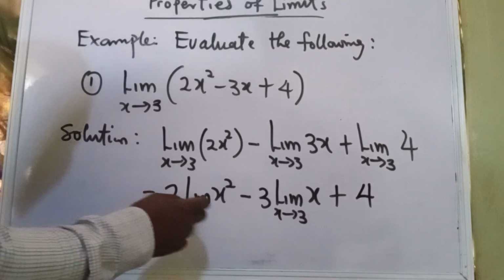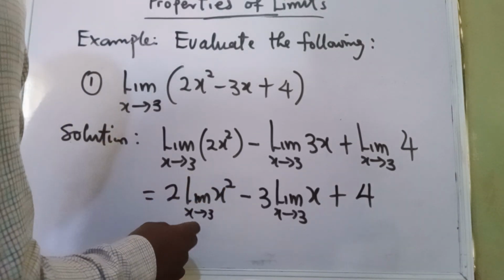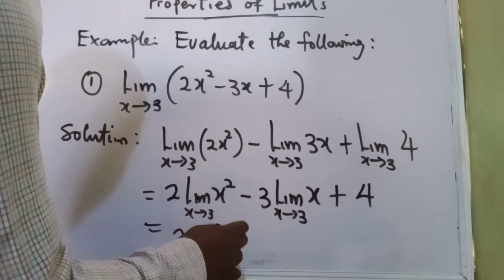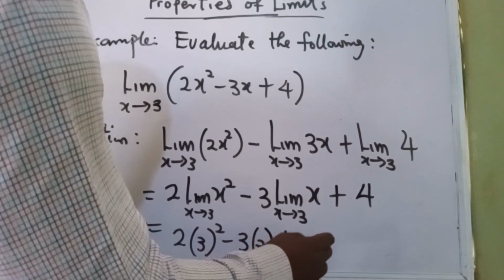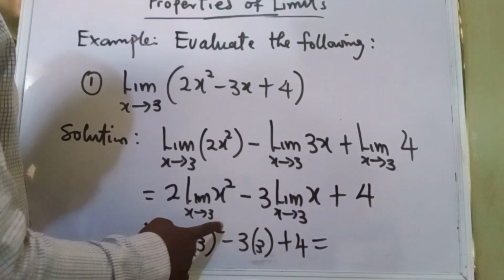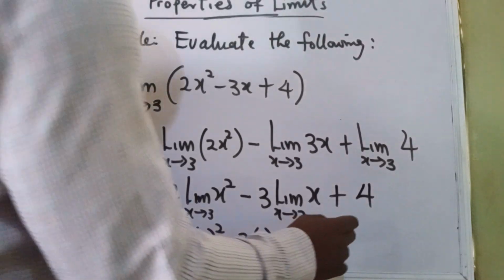So we can evaluate the remaining limit. Here, this is 2 multiplied by 3 squared minus 3 into 3 plus 4. So this will be equal to 3 squared is 9, 2 times 9, that's 18.